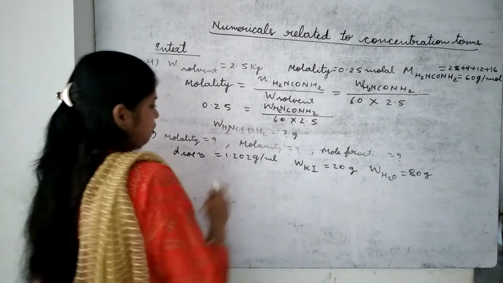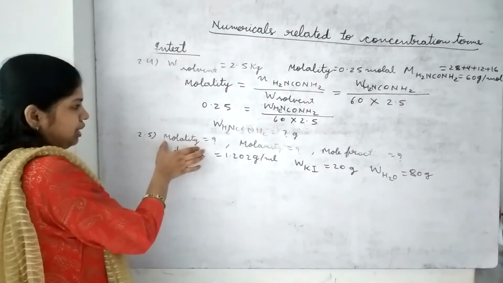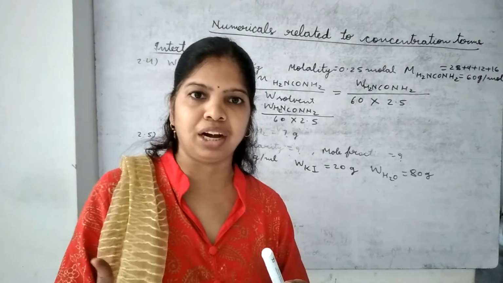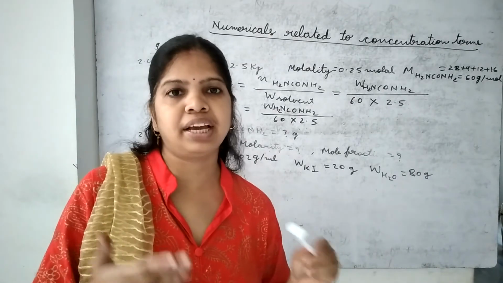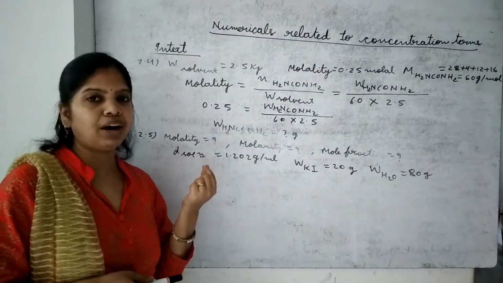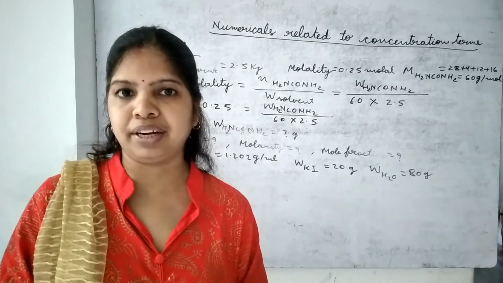Now here we require molar mass also, because first of all we will calculate molality. According to the formulas for the concentration terms, we will easily understand which values are required. For molality, we require number of moles of solute and mass of solvent in kg.